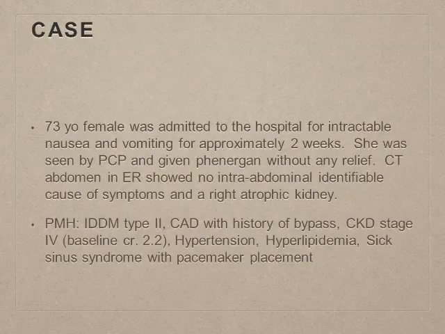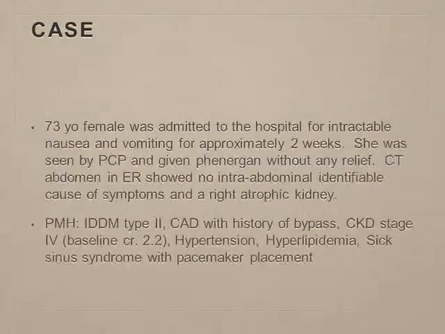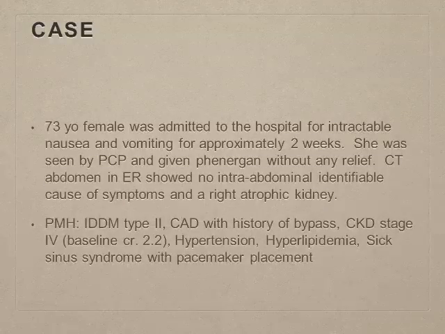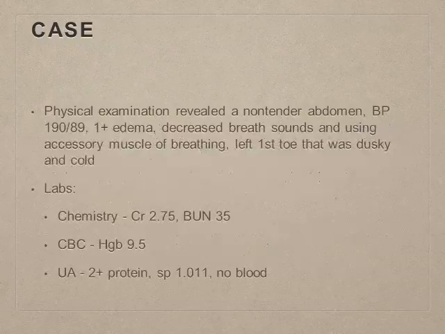Her past medical history was significant for insulin-dependent type 2 diabetes mellitus. She had coronary artery disease and a history of a bypass, CKD stage 4 with her baseline creatinine about 2.2, hypertension, hyperlipidemia, and then some sick sinus syndrome with pacemaker placement.